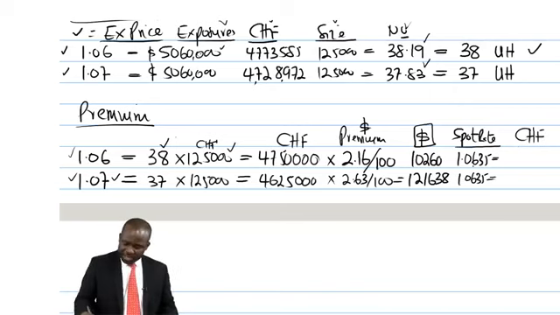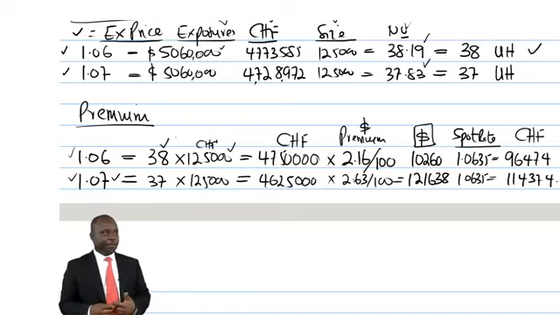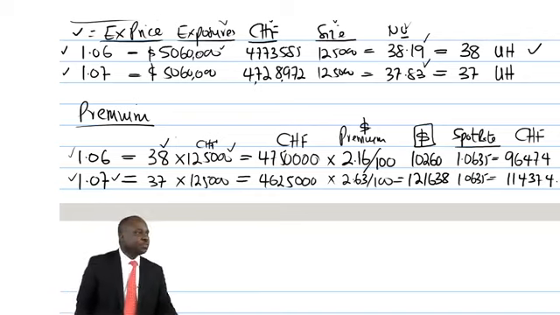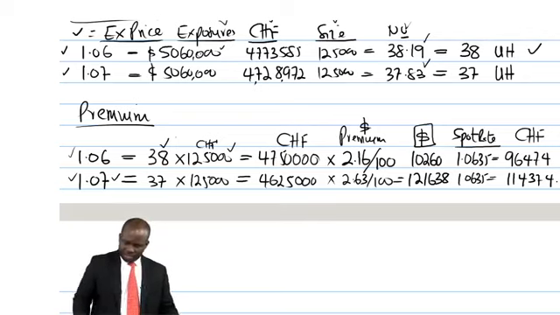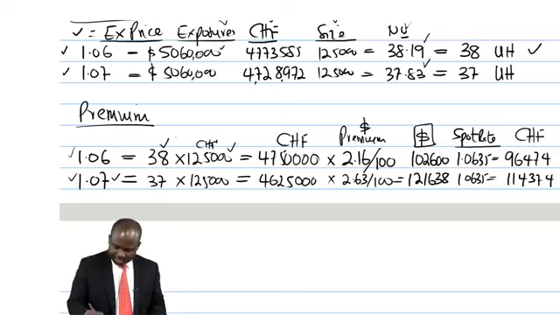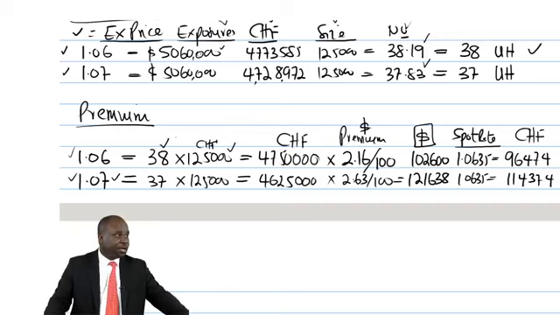So that one, if you divide, you're going to get 96,474. Here, when you divide, you're getting 114,374, and that is the premium. Yes, there should be another zero. Yes. It's 102,600. Great. Okay, so that is simply the case.